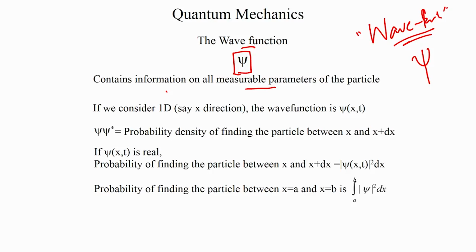So if you are only talking about a 1D, x-dimensional case, you can say the wave function is a function of x and t, which is time. Now it could be a complex function. So this product, which is the wave function times its conjugate, is the probability density function of finding the particle.